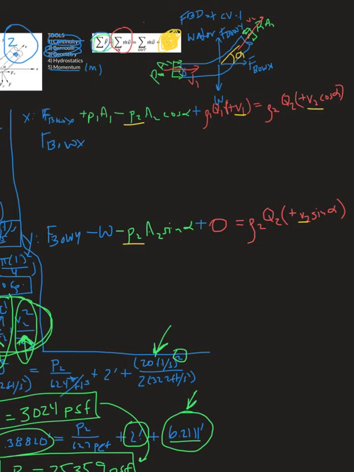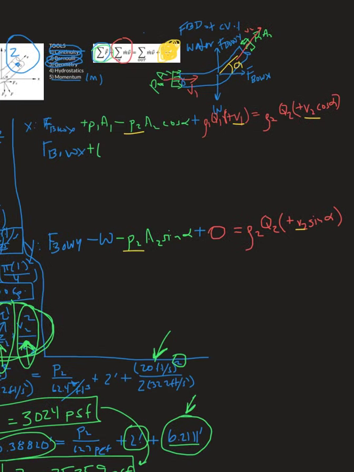Plus P1, okay, we're putting in numbers now. 3024 pounds per square foot, PSF, which means this area needs to be in square feet. So this is going to be 2 feet squared over 4, minus P2, which is whatever we just solved for.